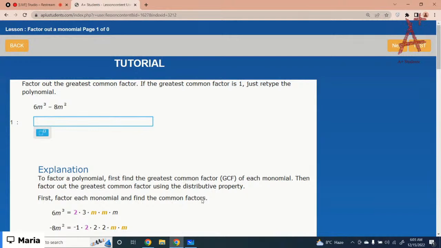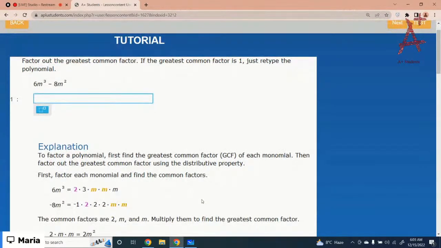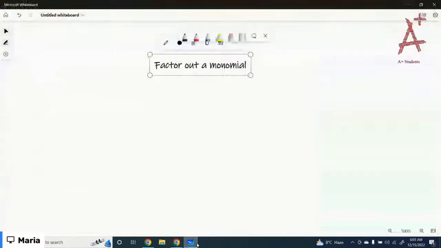Factor out the greatest common factor. If the greatest common factor is 1, just retype the monomial. You have 6m cube minus 8m square. We have to write down the factors. Whenever we have to write down the factors of the numbers, we write them as prime numbers.